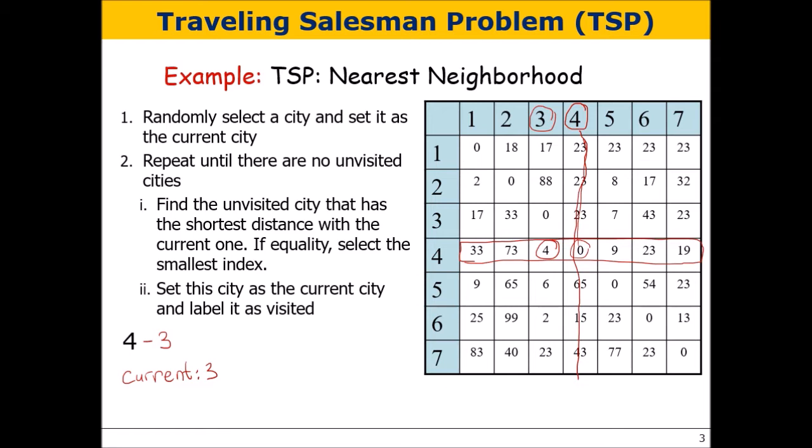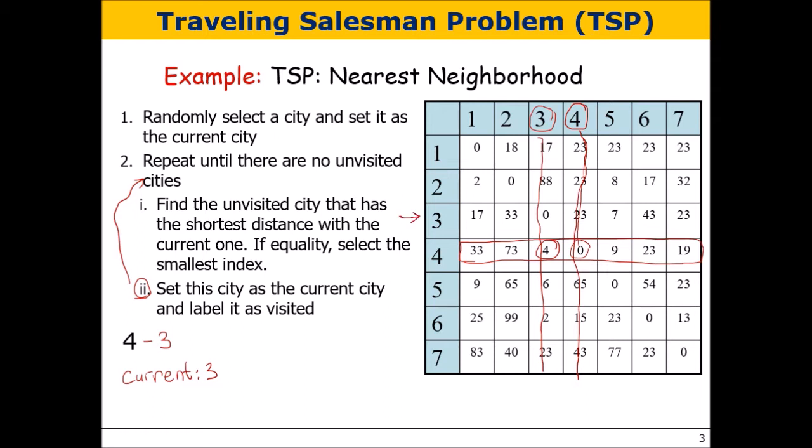Now we finished this step 2 case, and we will return back. There are still unvisited cities; we just visited 3 and 4, and we are currently at 3, so let me put an arrow here.